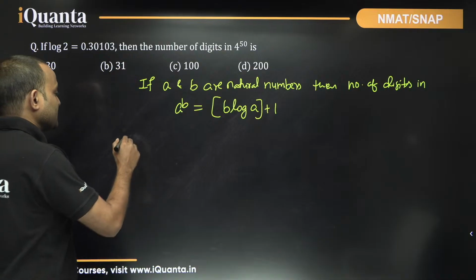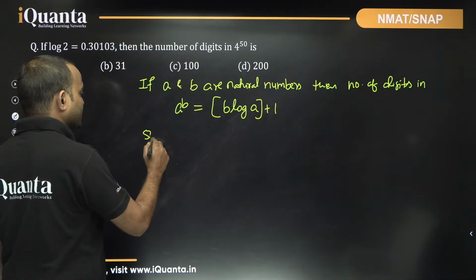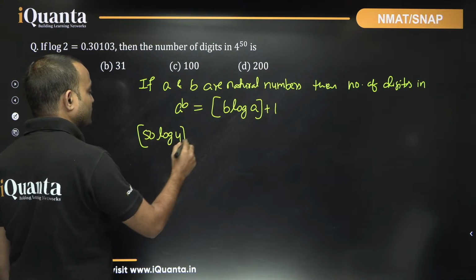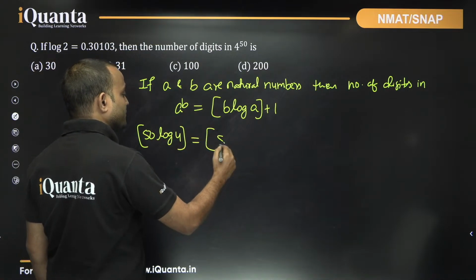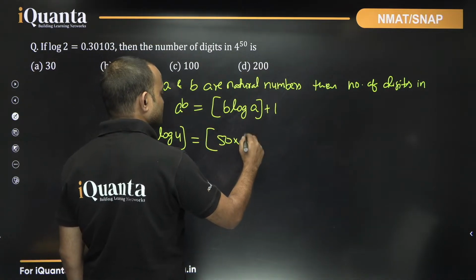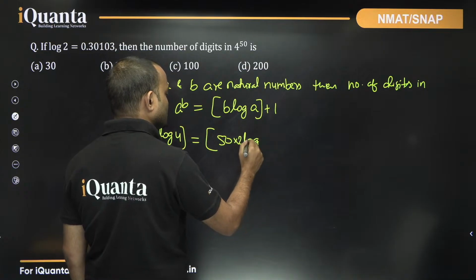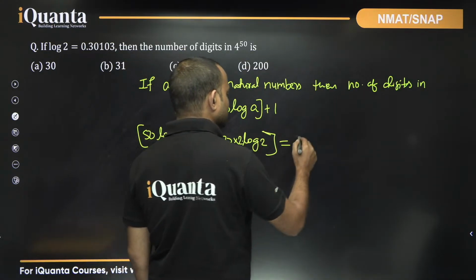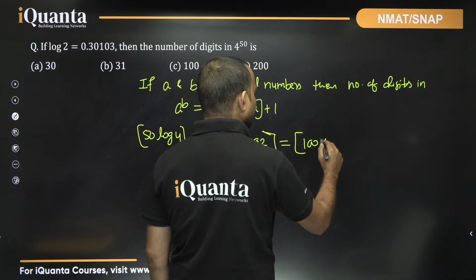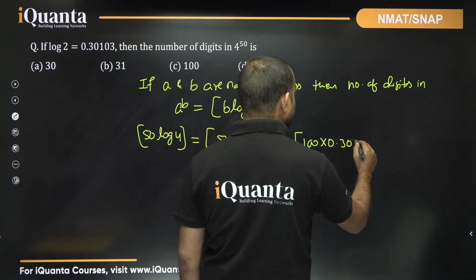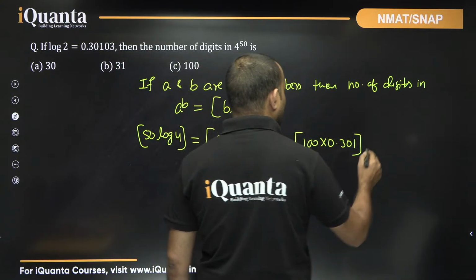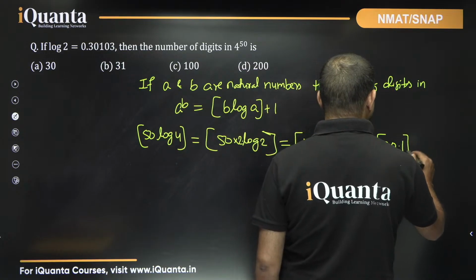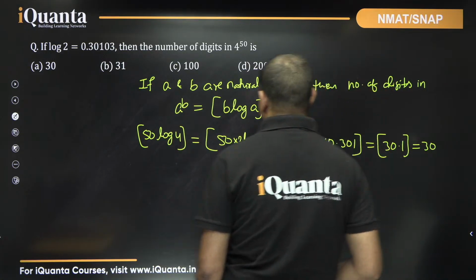So what we can say is that 50 log 4 will be equal to 50 into log 2 log 2, which will be equal to 100 into 0.301, or we can take this as the greatest integer of 30.1, which will be equal to 30.